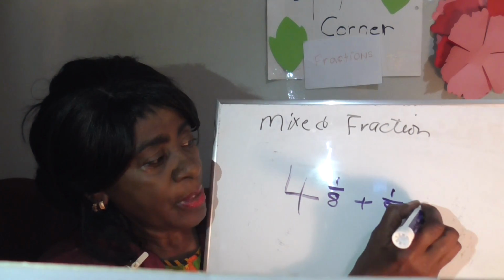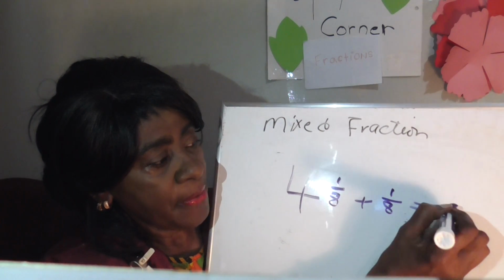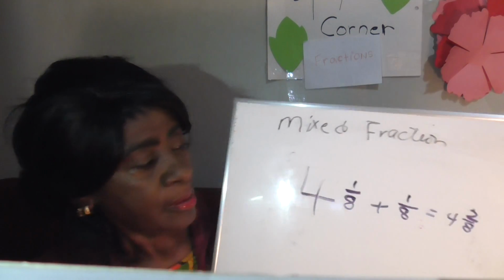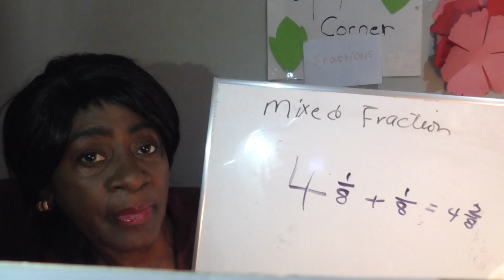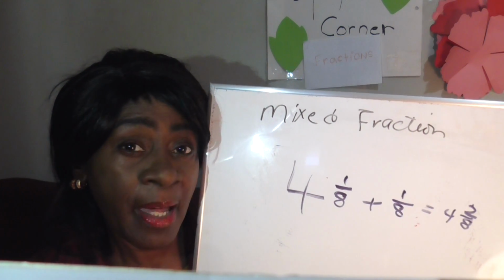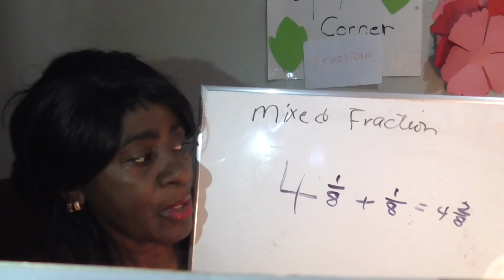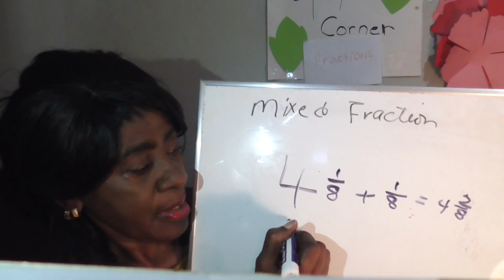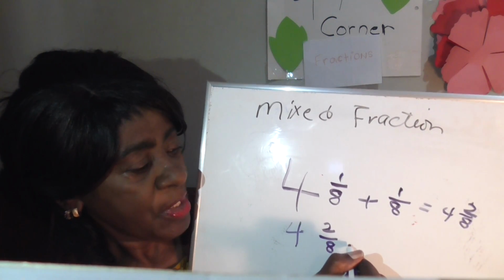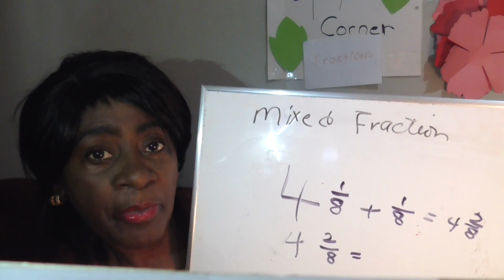So we know that 4 and 1/8 plus 1/8 is 4 and 2/8. We want to change it into something called an improper fraction. This is usually done to multiply or bring math and fractions to the next level. So 4 and 2/8. How do we change that into an improper fraction?